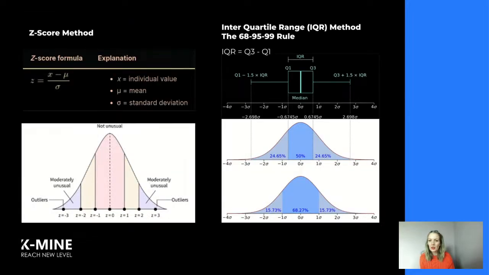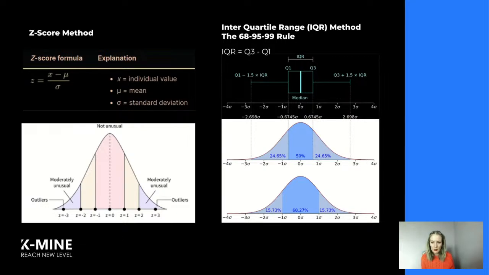The z-score measures the number of standard deviations by which an observation deviates from the mean of the dataset. It rescales and centers the data, allowing the identification of data points that significantly deviate from the mean. Typically, to identify outliers, a threshold of plus or minus 3 is used.